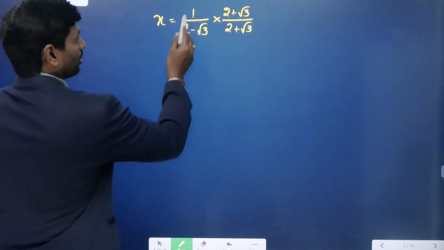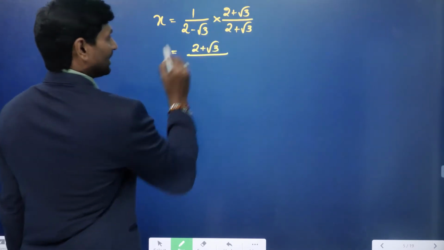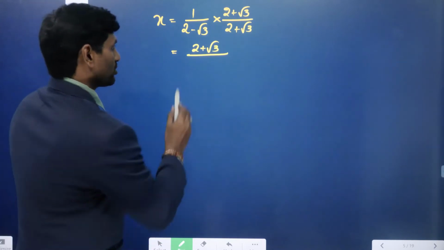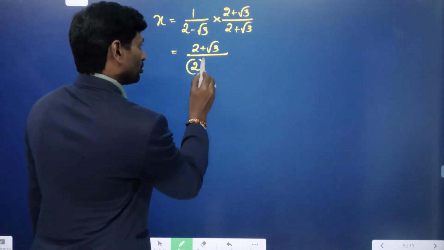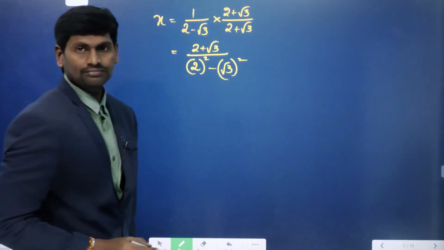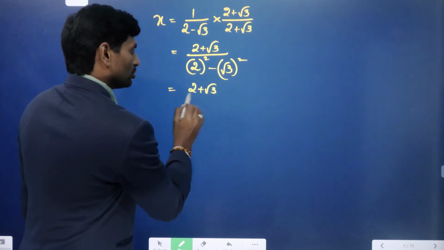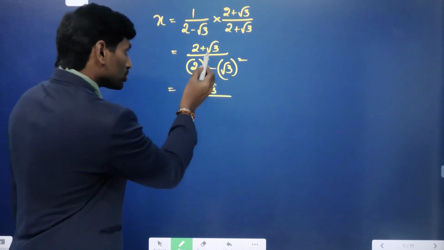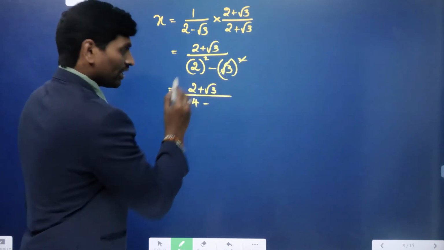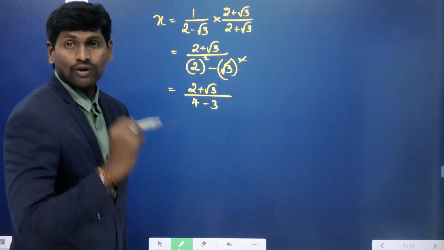Okay. Now 1 into 2 plus root 3 is 2 plus root 3. And the denominator is in the form of a plus b into a minus b, a square minus b square. A value 2, 2 square minus b value root 3 whole square. That equals 2 plus root 3 by 2 square value 4 minus, square root cancel, 3. 4 minus 3 value 1.